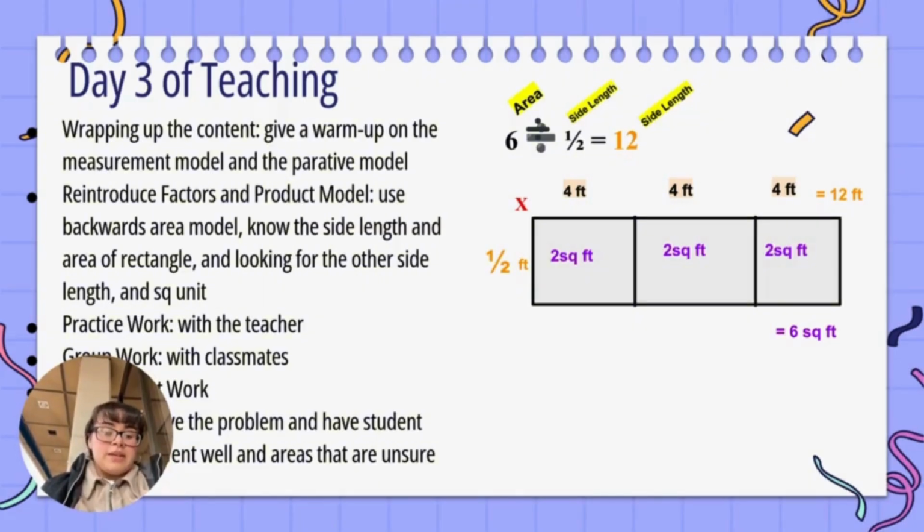Then also giving them independent work and seeing where they're at. And then for the exit ticket, I would have them solve the problem using the factors and product model, and then also point out where they understand the problem and areas that they're unsure about.